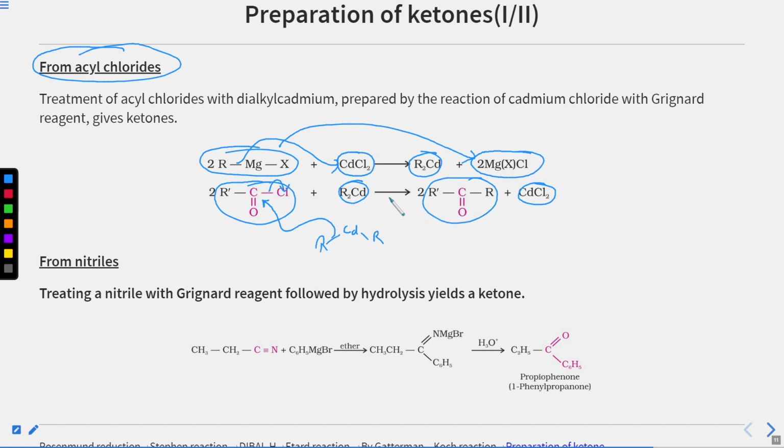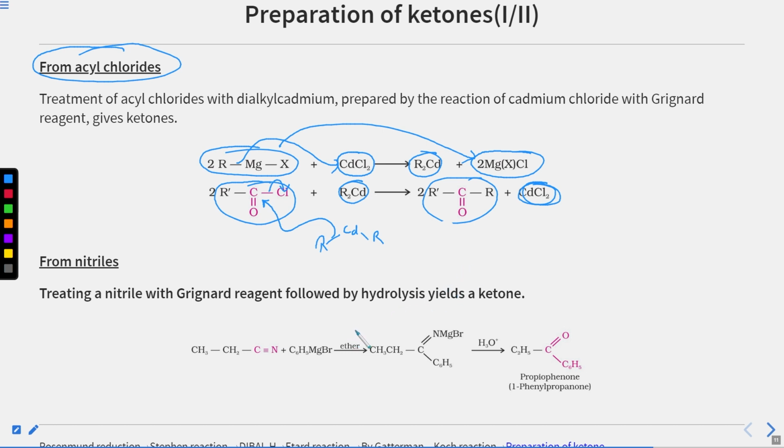Since Cd has 2 R's, it can convert 2 moles of acyl chloride to 2 moles of ketone, and we will get our CdCl2. Not acetone, I would say ketone. Depending upon the substrate, it would be acetone or benzenone. That is a different thing.